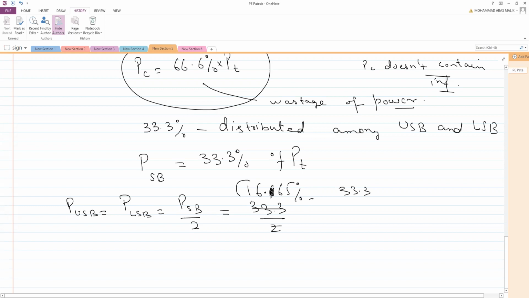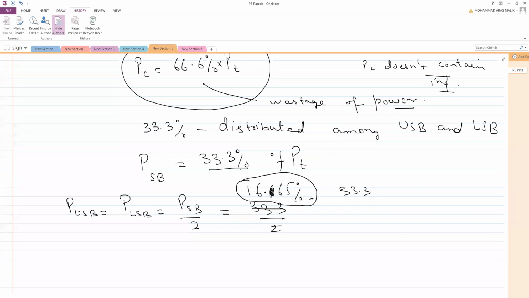This is your percentage of sideband power. Upper and lower sidebands are equal at 16.65 each; add these two and you get 33.3. This is the sideband power that contains the information.